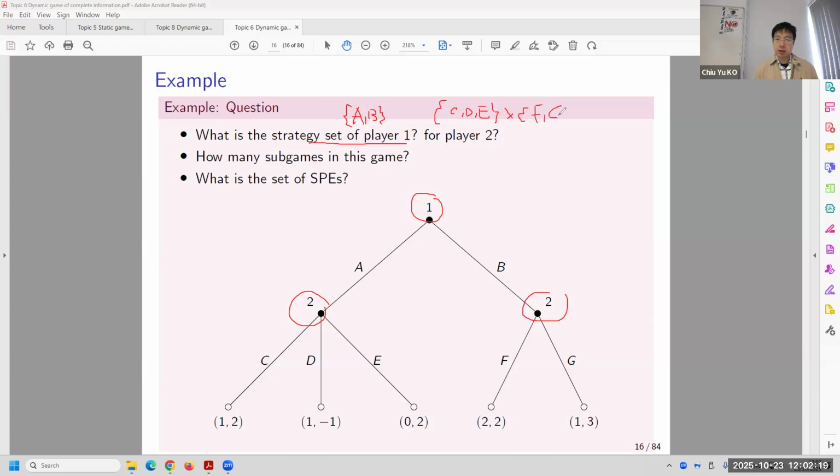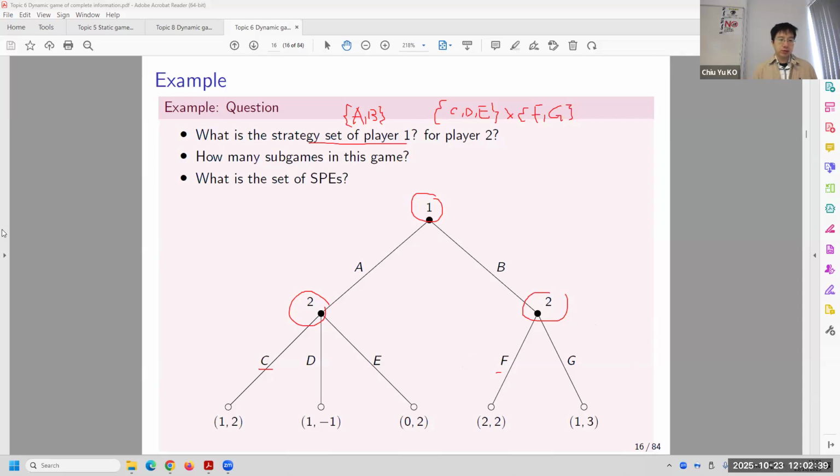Because the strategy can be CF, CG, DF, DG, EF, EG, six total. That's why I write the Cartesian product in this way.